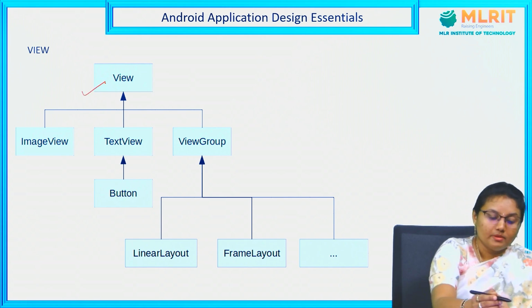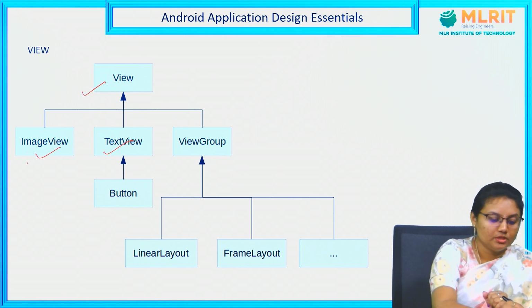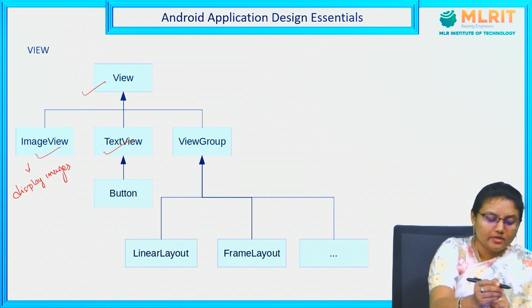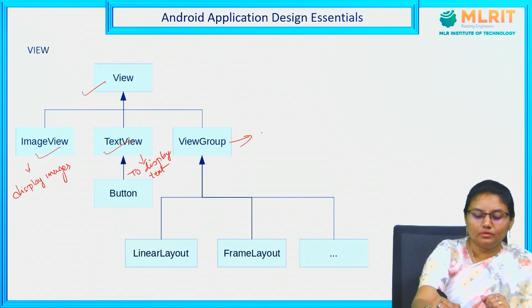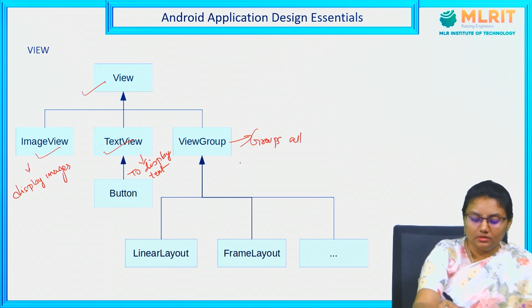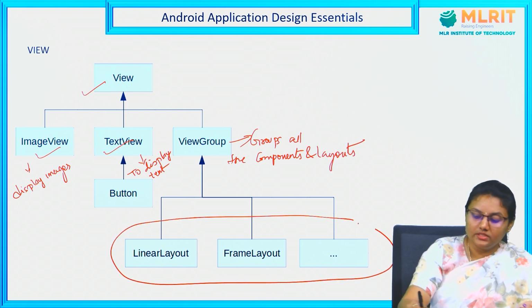This is a hierarchy of how your view components are taken care of. View or ViewGroup may take an image, maybe an ImageView, maybe a TextView. ImageView is used to display images. TextView is used to display text. ViewGroup groups all the components and layouts, so here ViewGroup is binding all these layouts together.